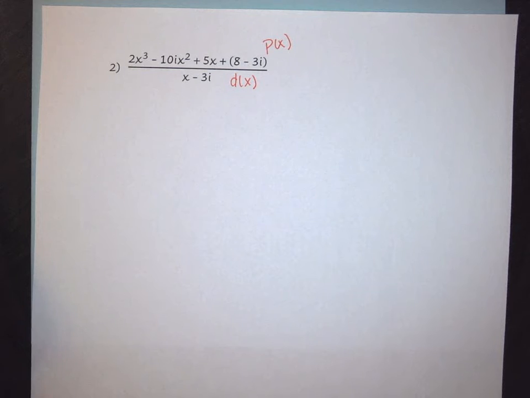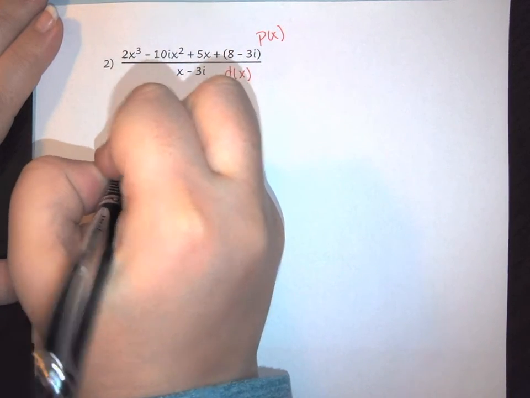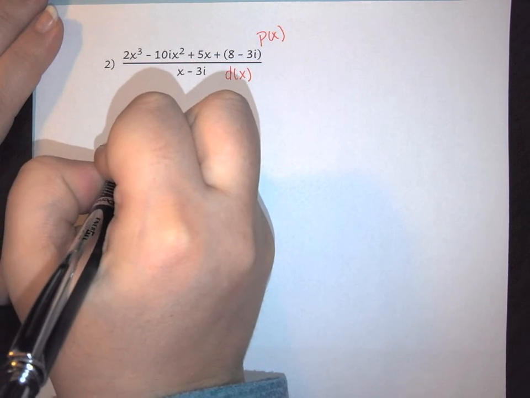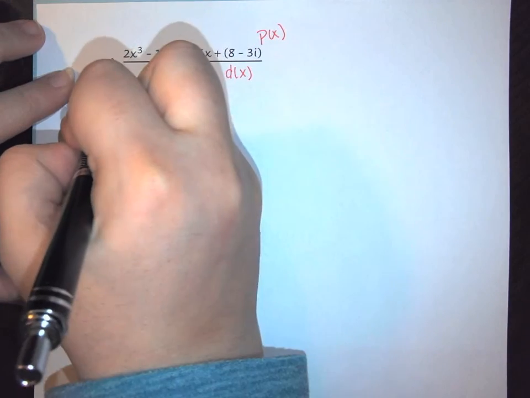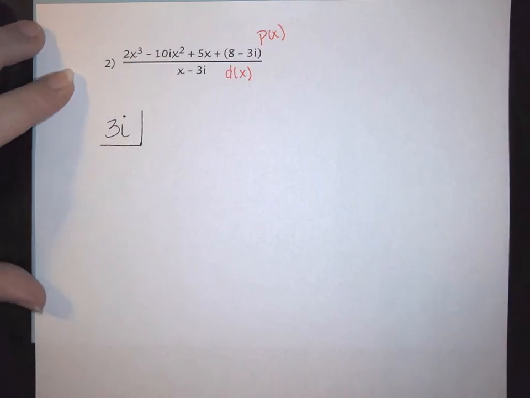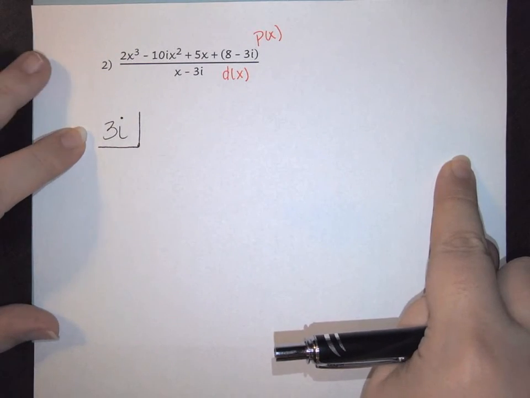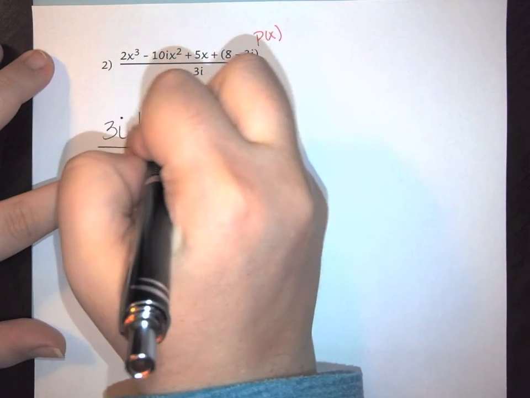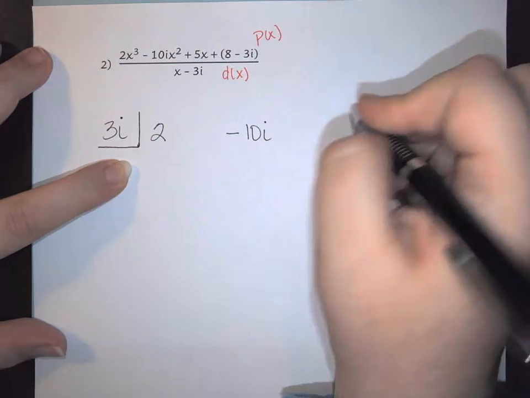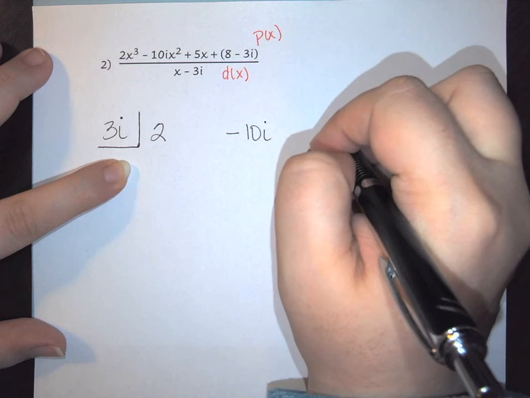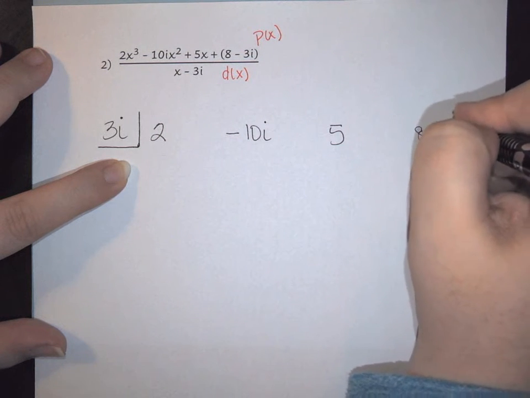So just like before, we are going to go ahead and we are going to open up our box and we are going to put in our factor, which in this case is going to be 3i. And then we're going to go ahead and put in our terms. So here this is going to be a 2, a minus 10i, a 5, and then the 8 minus 3i.